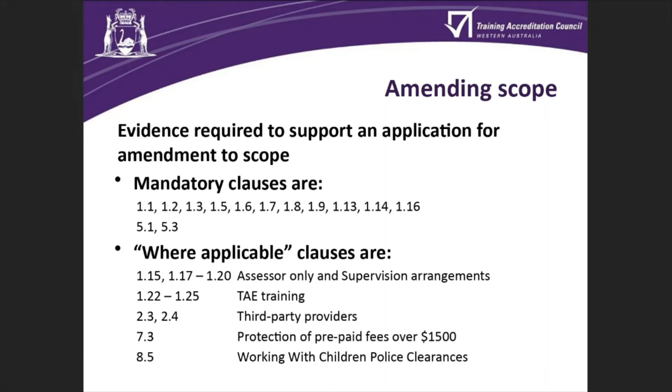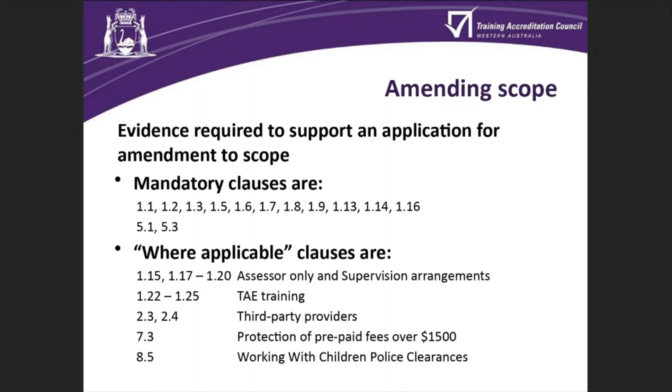Clearly, when we look at 1.8 and 1.9, we're looking at the new assessment tools and strategies that you're going to be implementing, and 1.9 looks at the way in which you incorporate those new resources into your validation processes that are covered under 1.9. And then 1.13, 1.14 and 1.16 relate to the staff that you're going to need to bring to bear to be able to deliver those new products.